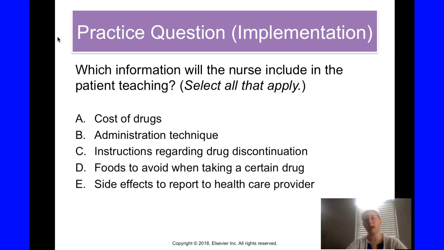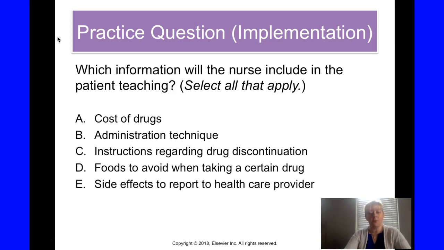After 7 days, you'll be done with it, but you have to make sure you take every single dose. D, foods to avoid when taking a certain drug. Yes, you're going to look that up, and it'll say take with food, or if there are any implications. With amoxicillin, just make sure you take it with some food, because that will help prevent nausea.